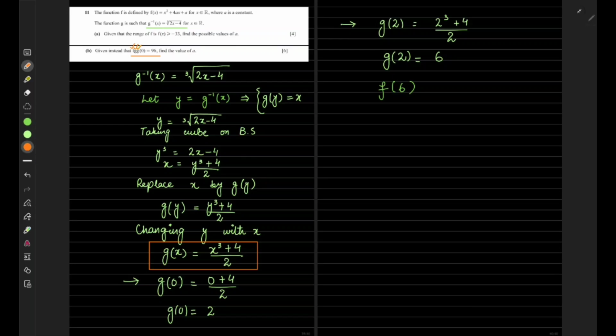So it will be x square plus 4ax plus a. So in place of x, we are substituting 6. So 6 square plus 4a times 6.